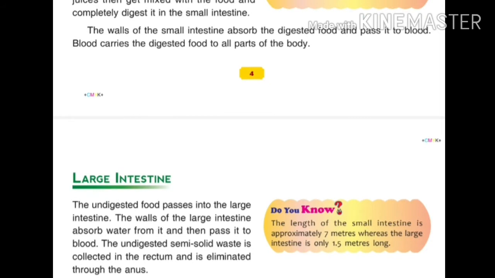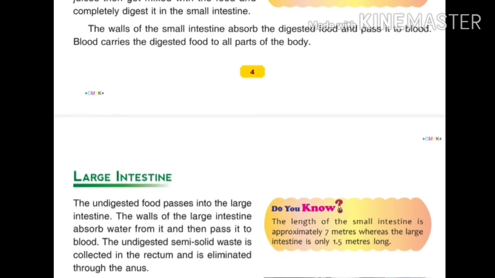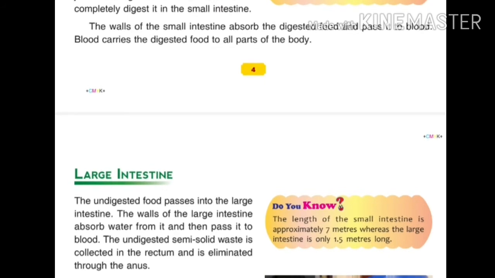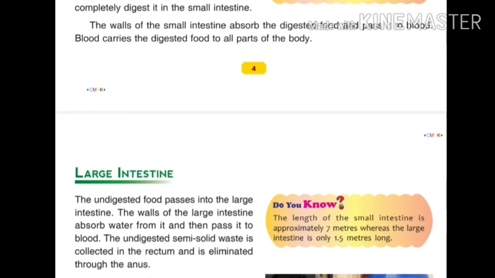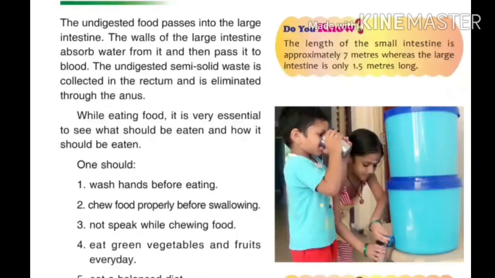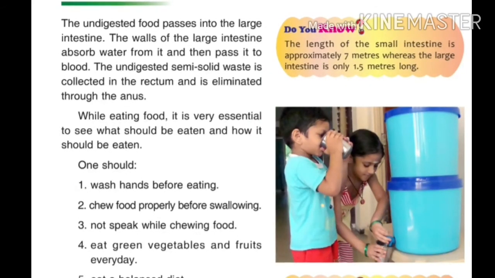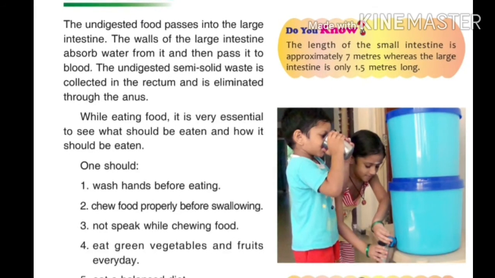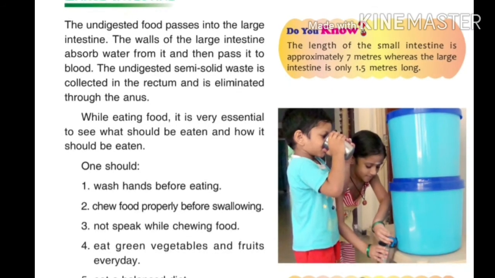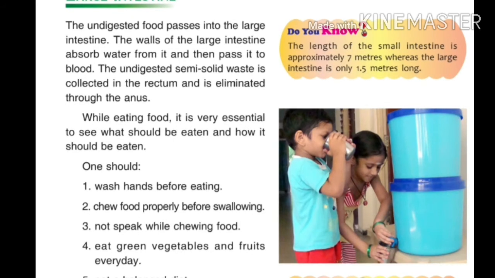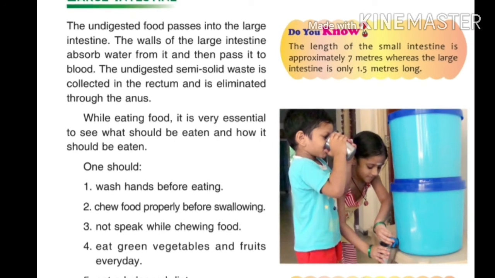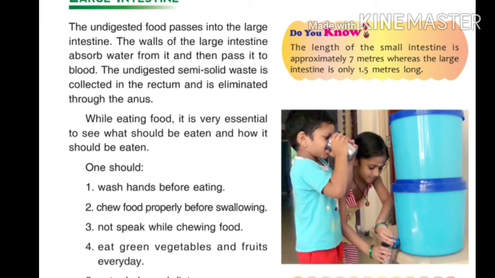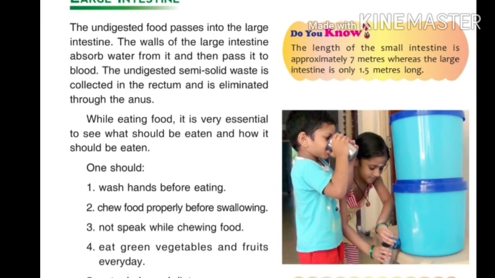After that, the remaining undigested food goes into the large intestine. The walls of the large intestine absorb water from the undigested food and then pass it to the blood. The undigested semi-solid waste is collected in the rectum and is eliminated through the anus.